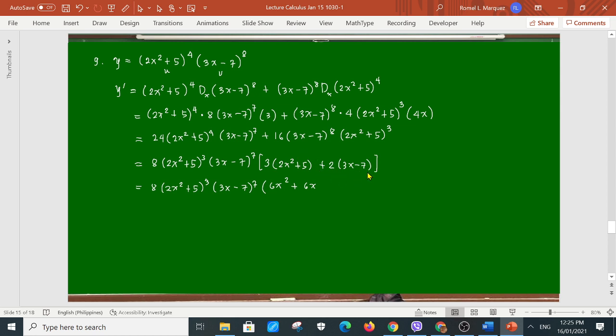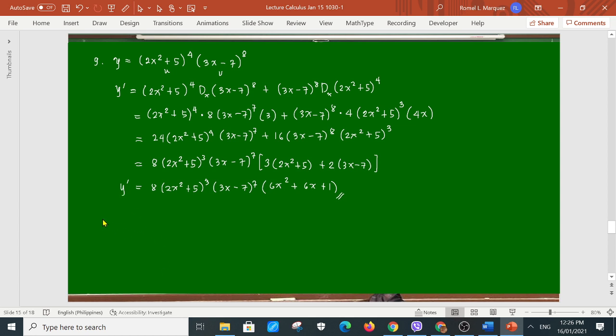Then, 15 minus 14 here, plus 1. Am I correct, children, in simplifying that? Okay now? So, that's y prime.